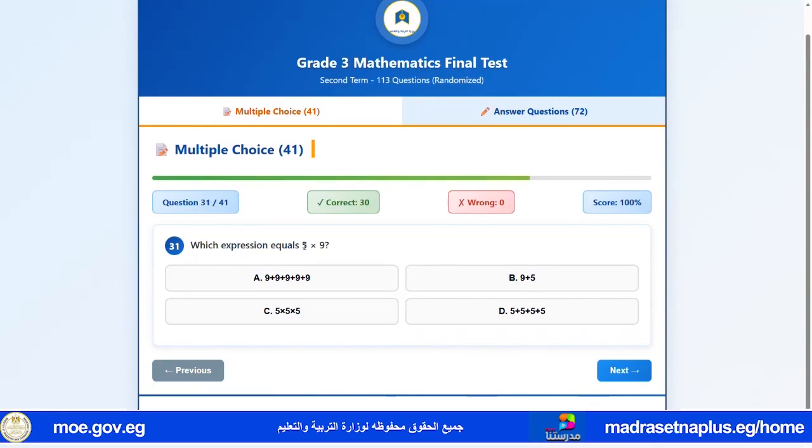Which expression represents 5 by 9? That means we repeat 9 five times, or we repeat 5 nine times, and so on. So this is 1, 2, 3, 4, 5. This is 5 nines. This is the right answer.